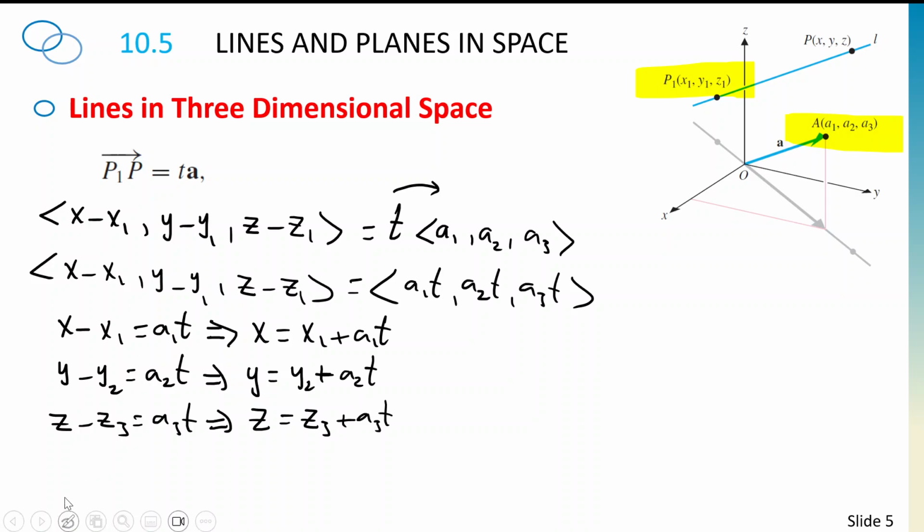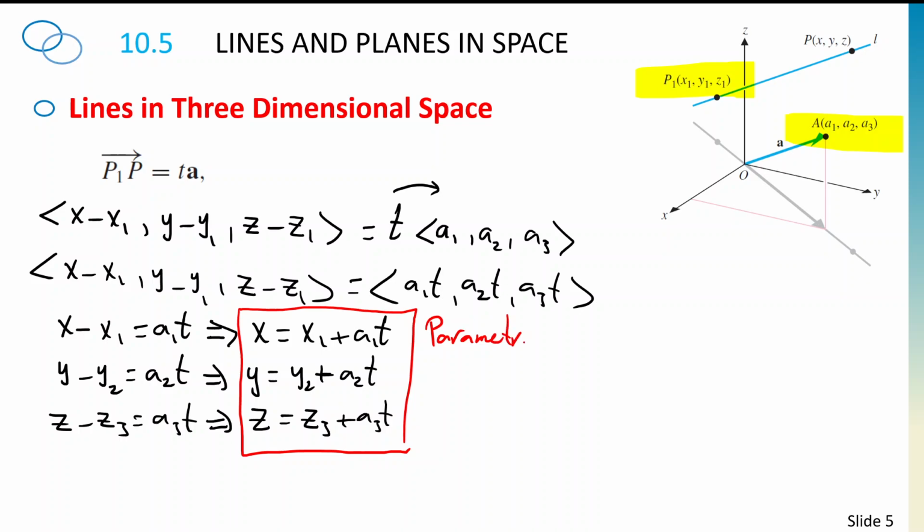And these three equations are what we're going to call from now on the parametric equations of the line.